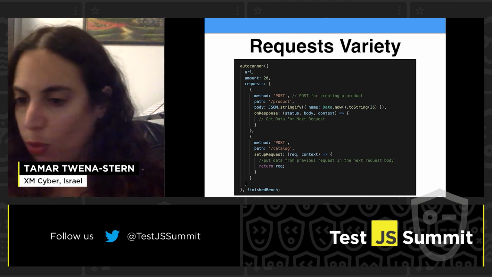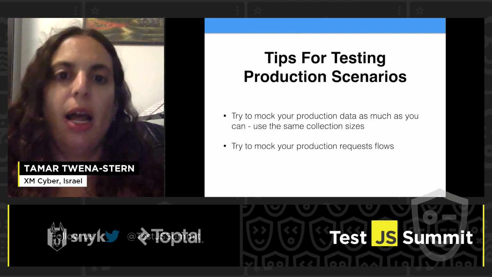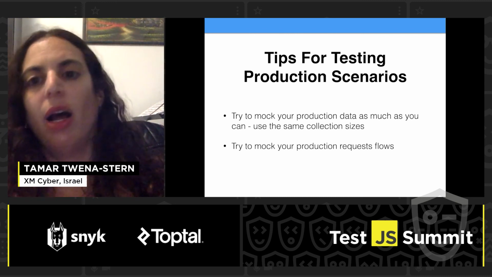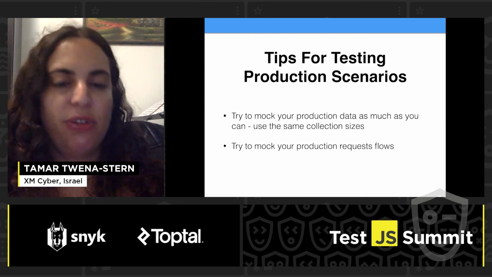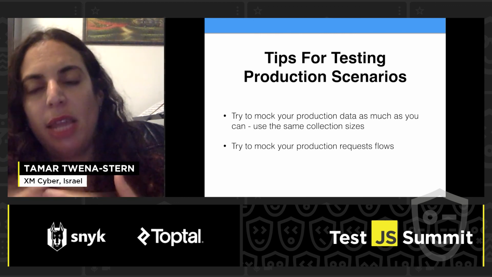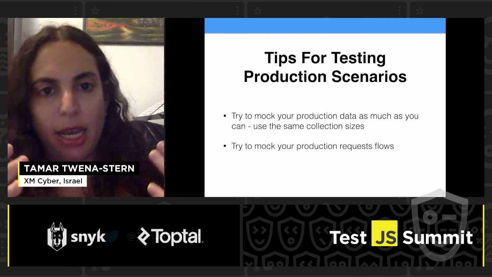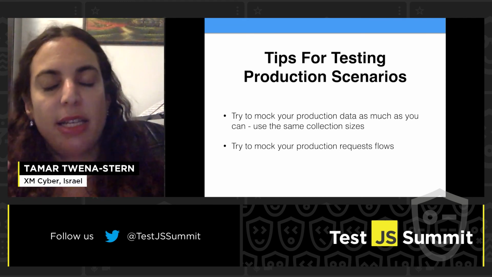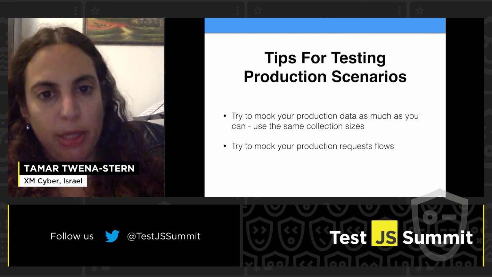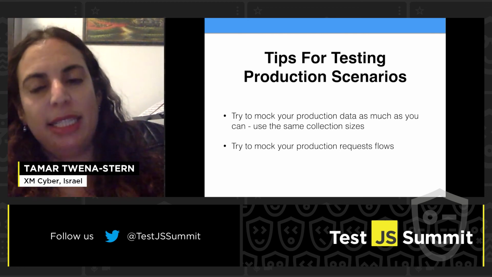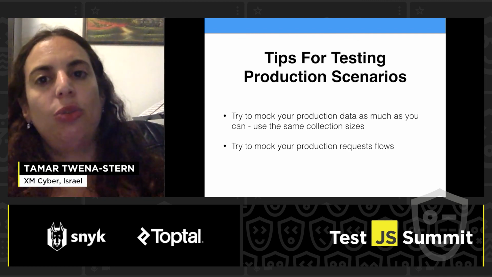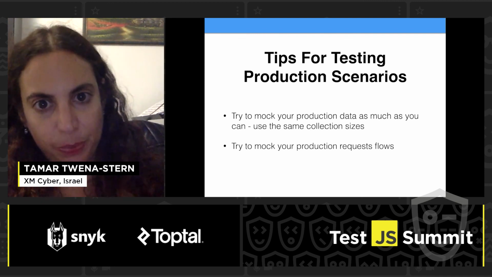All right, so we are really close to the end. Just some really small tips for testing production scenarios. First of all, something that I wasn't aware of at the beginning, and when I became aware of it, it improved my performance testing very much: you have to make sure that the data that you're testing on is similar to what you have in production.